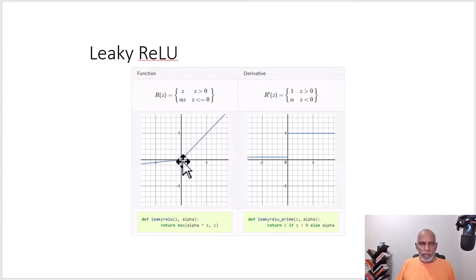The identity function is used for all positive sum product values, and negative values are assigned a very small quantity. And the derivative here is not 0. It is a small positive value for all the negative sum product values, and it is 1 for all the positive values.